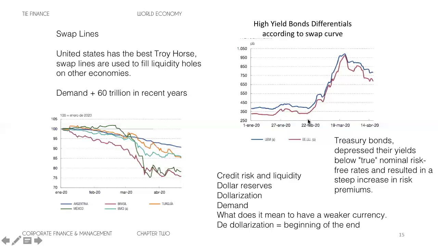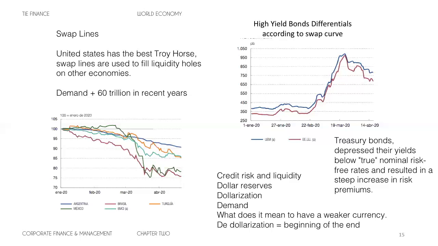So treasury bonds depressed their yields below true nominal risk, and the risk-free rate, resulting in a steep increase in risk premiums, right?